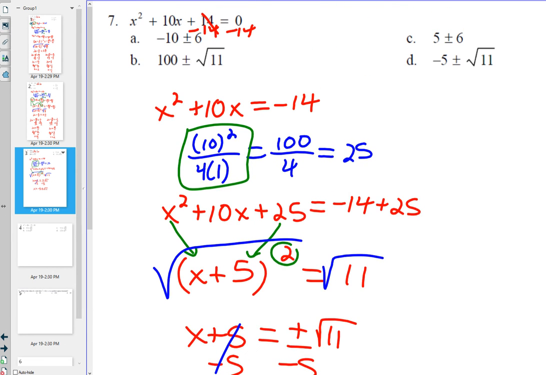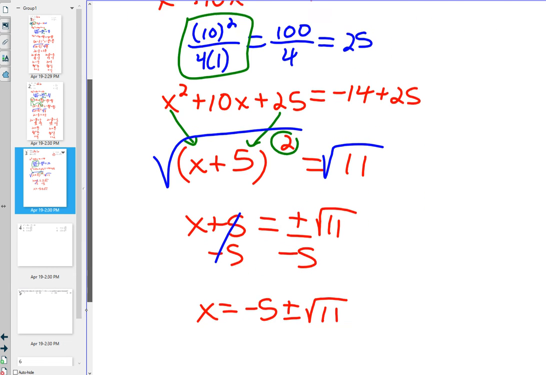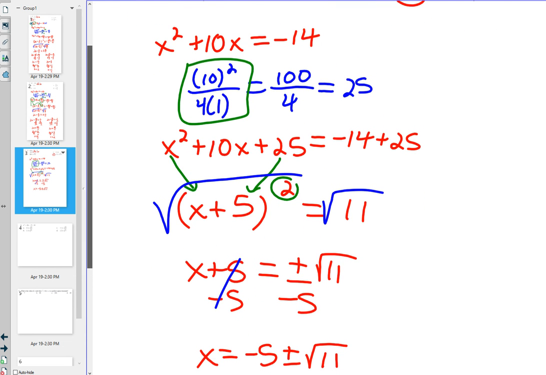Because the square root of 11 can't be simplified, you can't necessarily solve that part. It's irrational. It will give you a decimal that fills up your screen. So you just leave it alone.